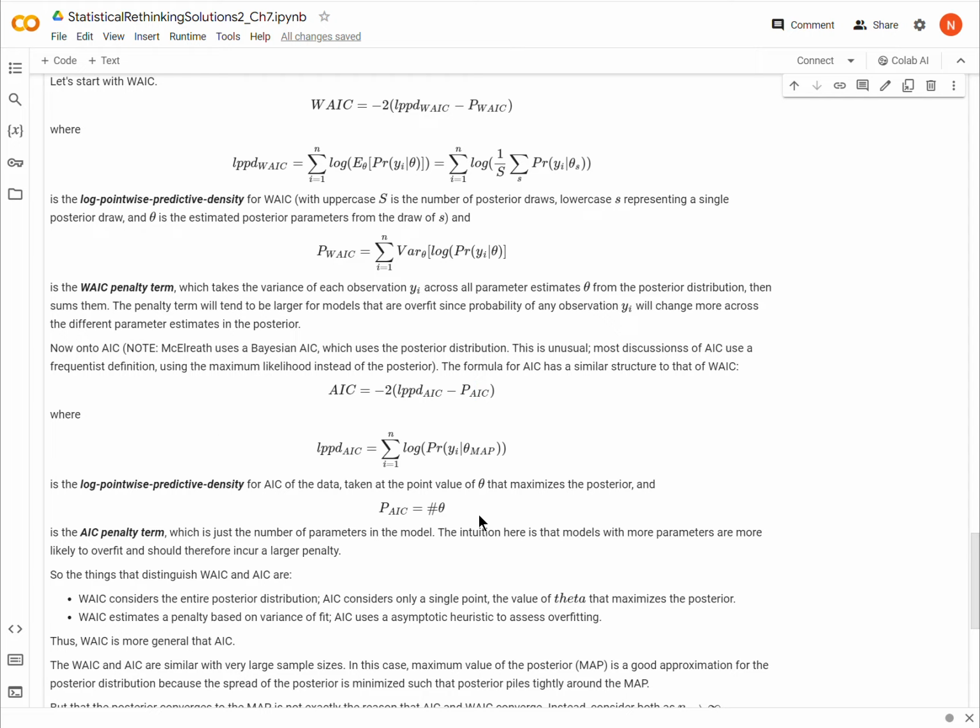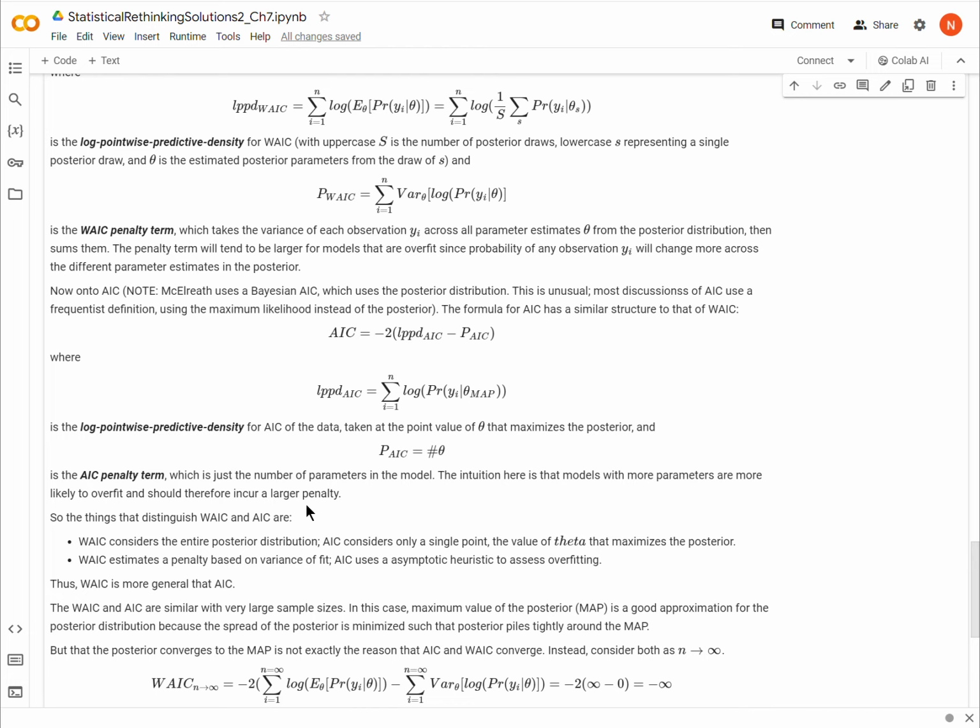Okay. So the things that distinguish WAIC and AIC, of course, are, one, the WAIC is considering the entire posterior distribution, right? We're taking draws over the entire posterior distribution and finding the expected value of the probability of y. Whereas the AIC LPPD is just using a point estimate for the posterior distribution. Okay, so that's one difference. And the other difference, of course, is the penalty term.